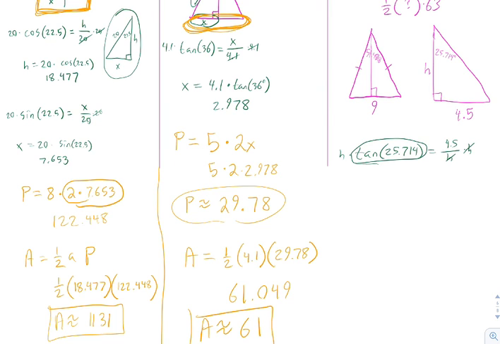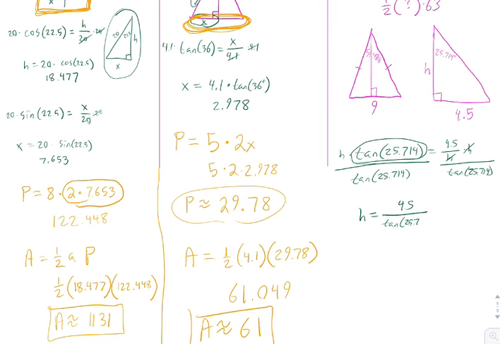So it's just like 3x equals 6. I'm just going to divide by that number to get h by itself. So I'm going to divide by the tangent of 25.714. So what we get is the height, or the apothem. The height of that single triangle is whatever 4.5 divided by this tangent is.